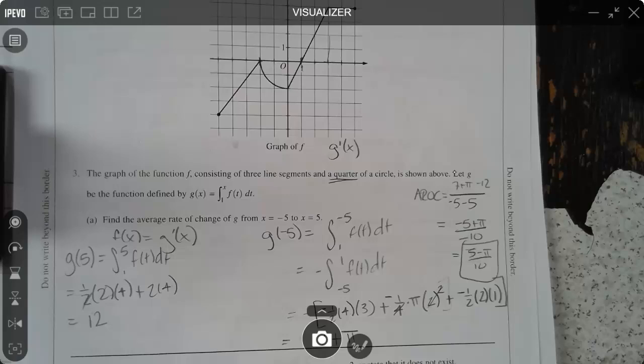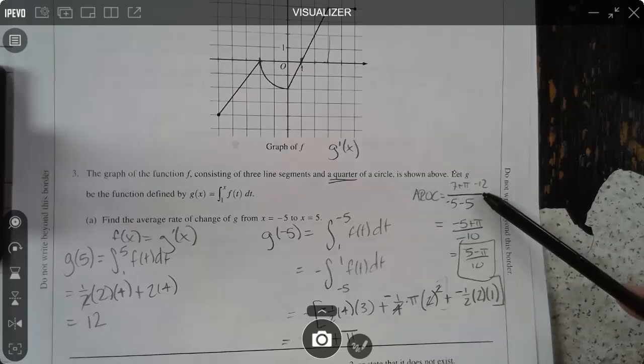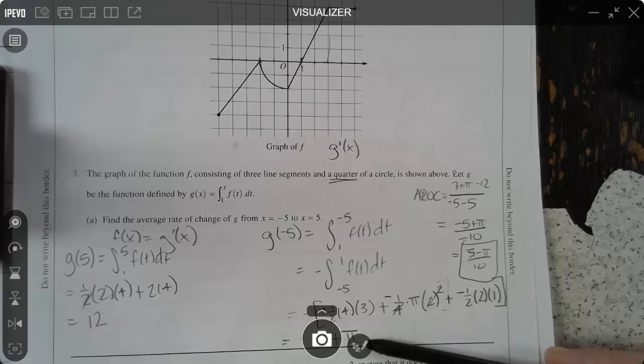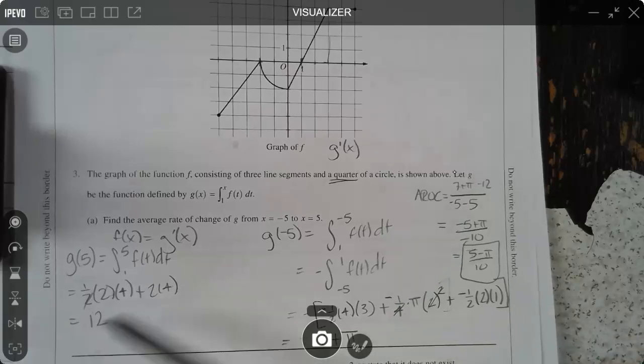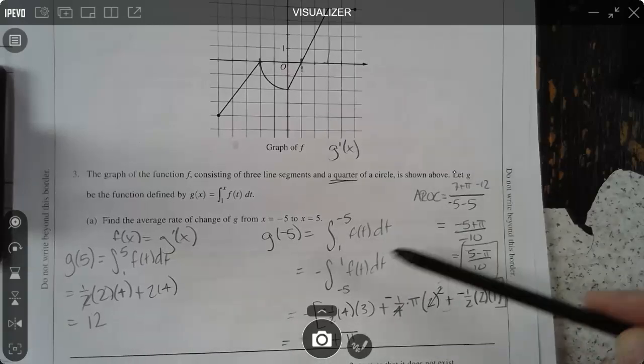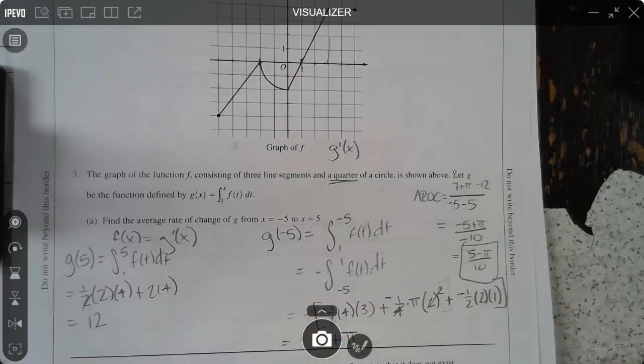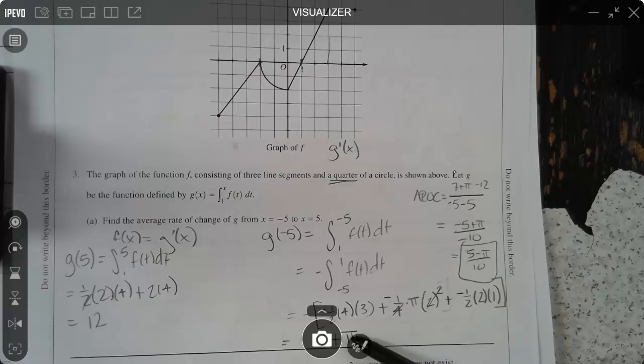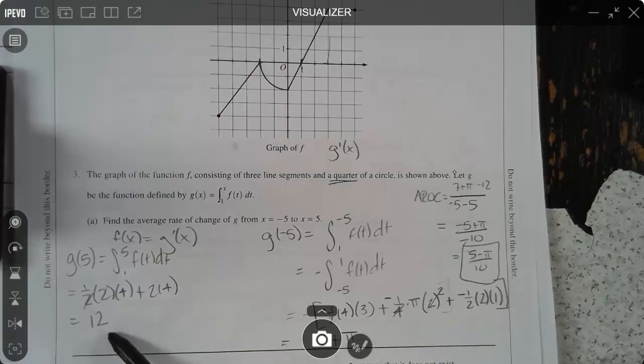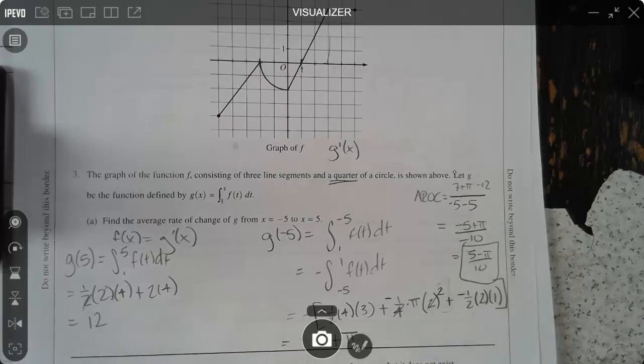All right. Then you have to do slope formula. That's where I came up here because I was out of room. y2 minus y1, that's my top, over x2 minus x1, that's my bottom. 7 plus pi minus 12. You wouldn't have had to simplify.